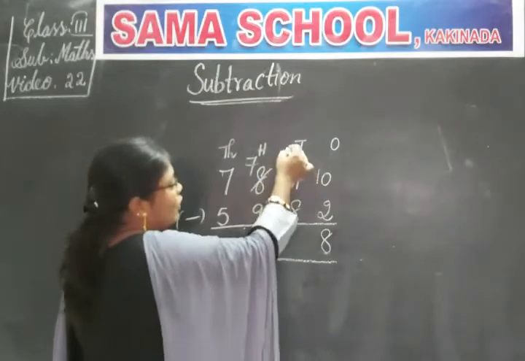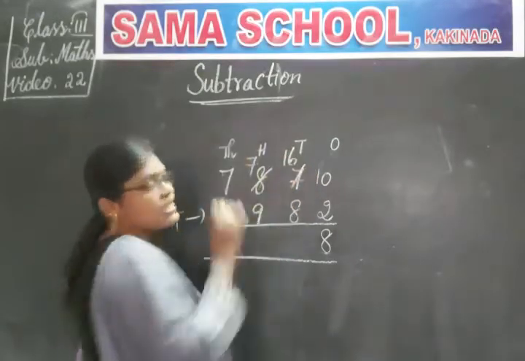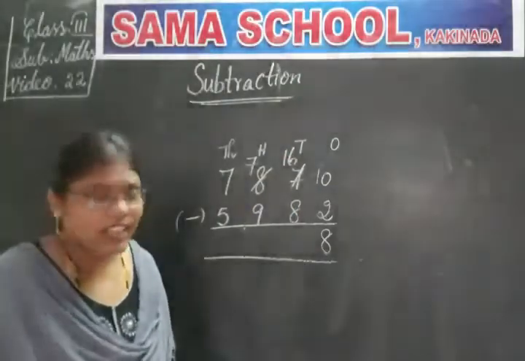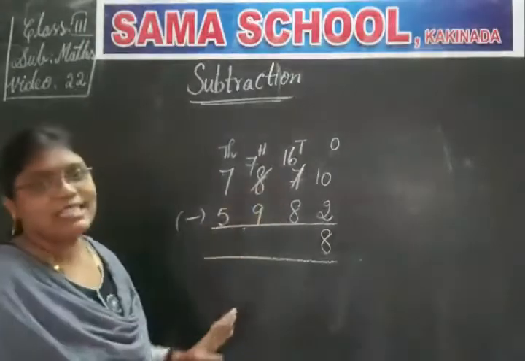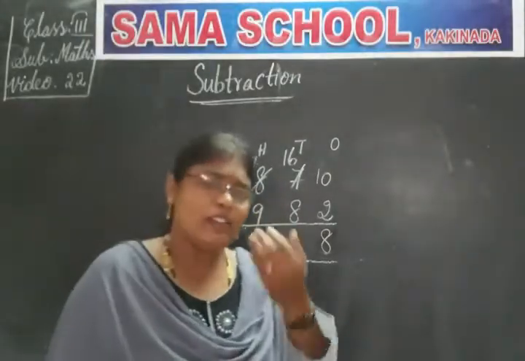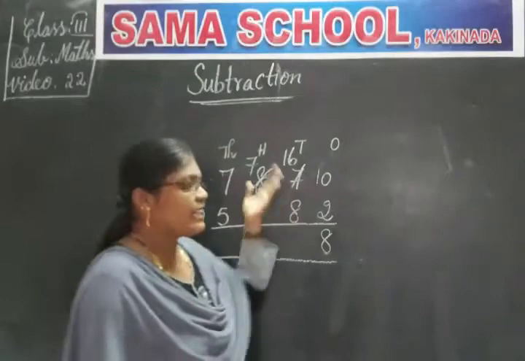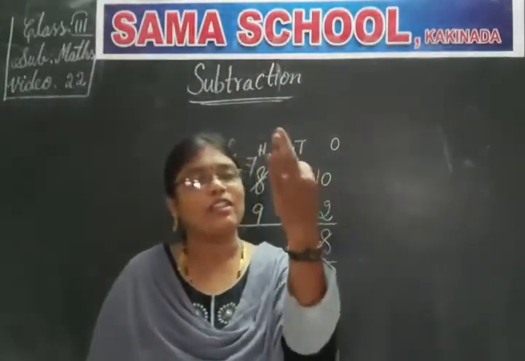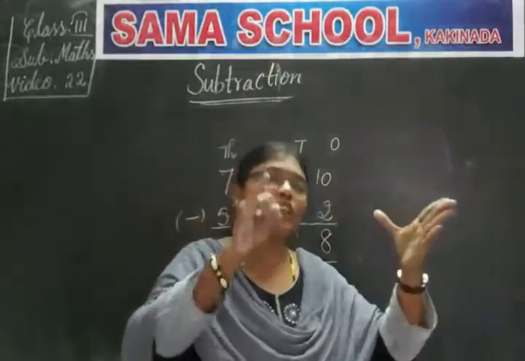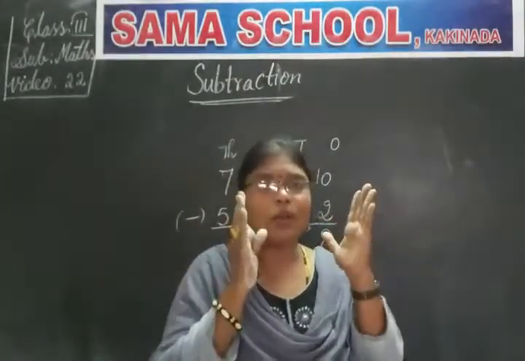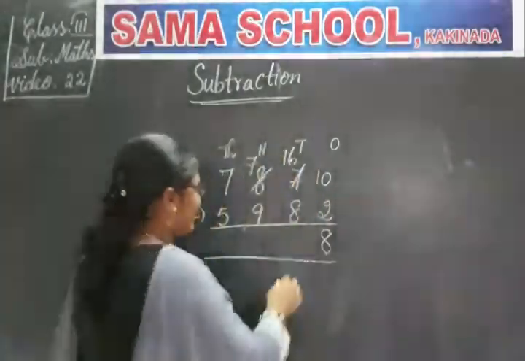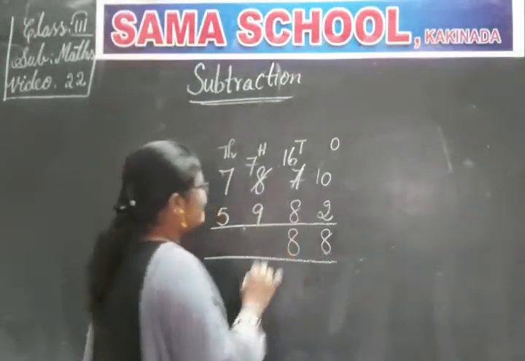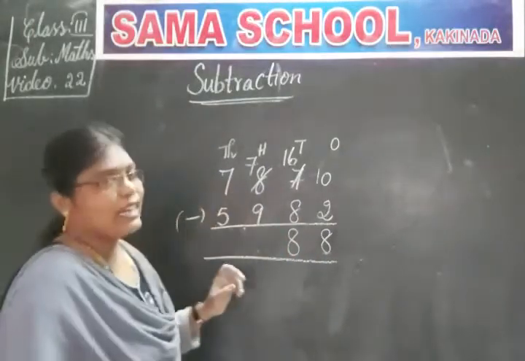And that borrowed one joins 6 and becomes 16. So 16 minus 8 you can subtract very easily. 8 after 9, 10, 11, 12, 13, 14, 15, 16. How much? 8. So write 8.